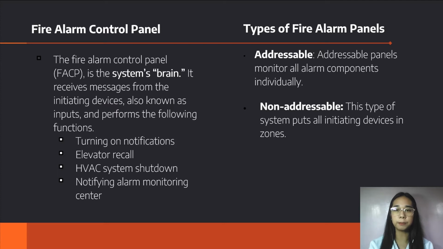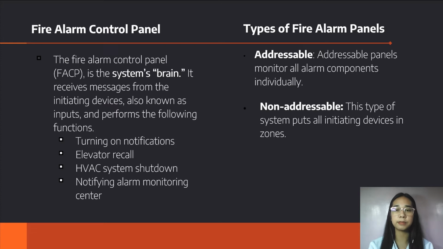It alerts people in the vicinity that an issue has occurred. Next, we have the elevator recall, which eliminates the possibility of an elevator delivering people to a flame or smoke-filled area. Then we have the HVAC systems shutdown, and lastly, notifying the alarm monitoring center, which will notify emergency services.